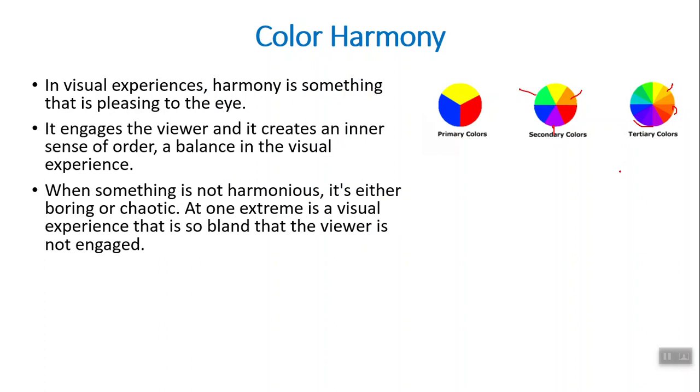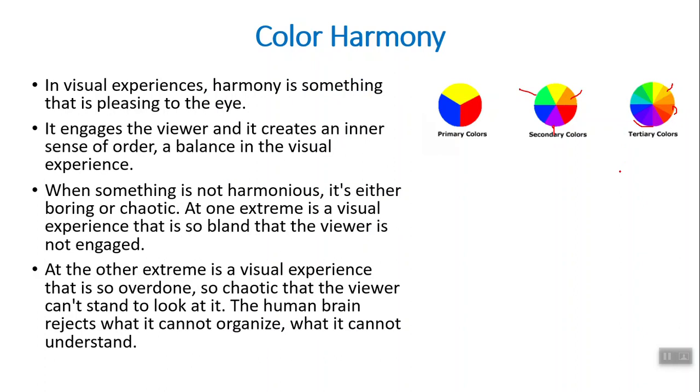If their brain shuts off, they're going to start playing with their phone during your presentation. They're not really going to know where to look on your slide. The other is so extreme that it's overdone and it's chaotic, so the viewer can't stand to look at it. They don't know how to organize it, and they can't understand that information.